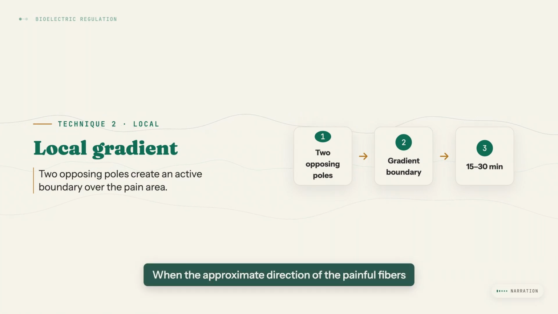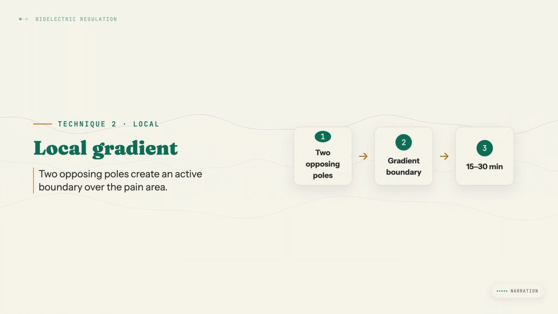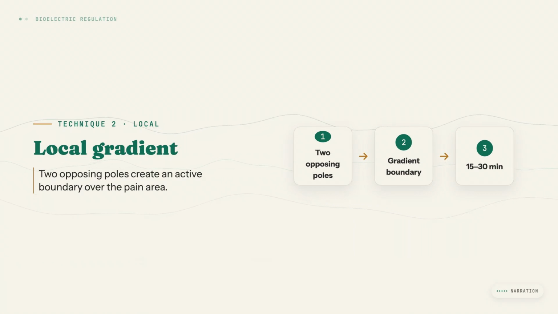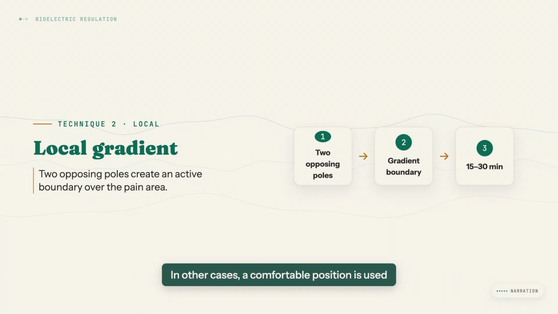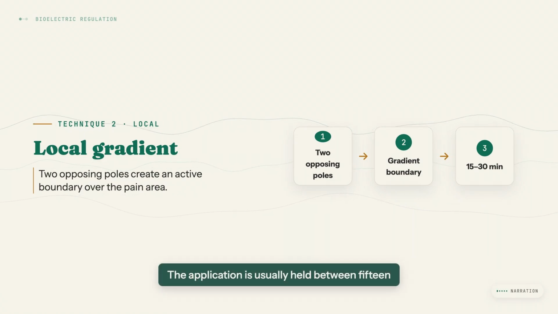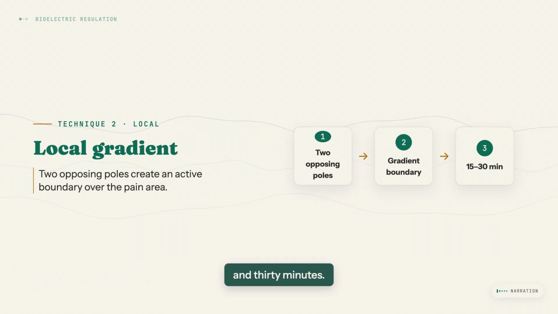When the approximate direction of the painful fibers is known, the boundary can be oriented perpendicular to them. In other cases, a comfortable position is used and the response is observed. The application is usually held between 15 and 30 minutes.